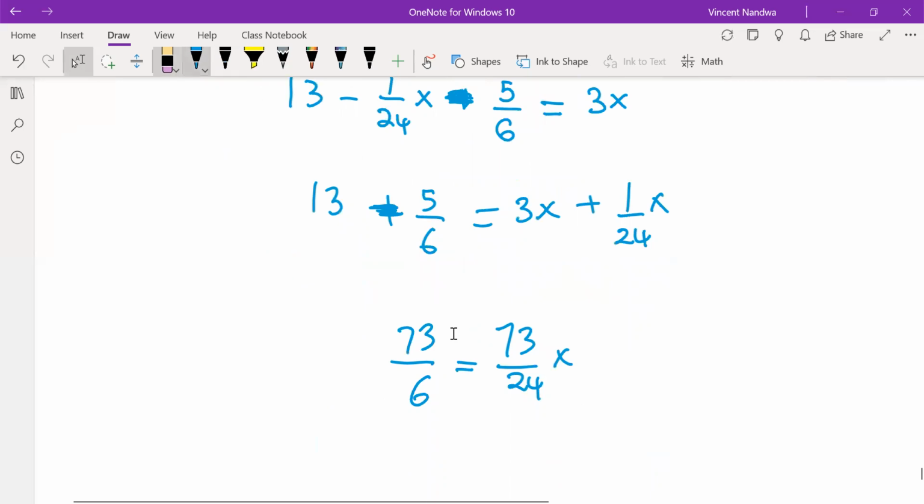So which means then, to get x, multiply through by 24 over 73.